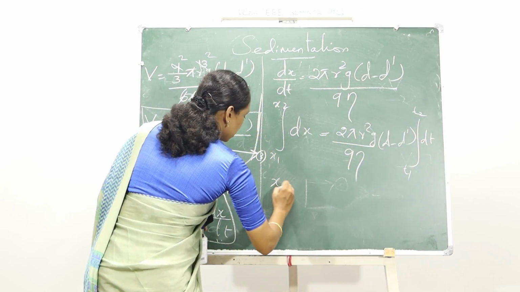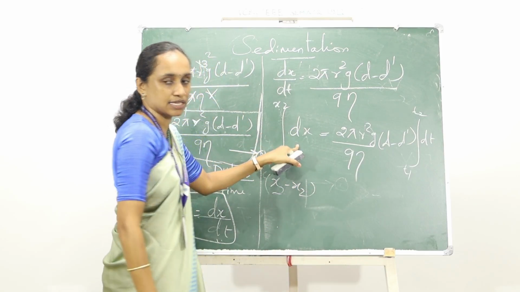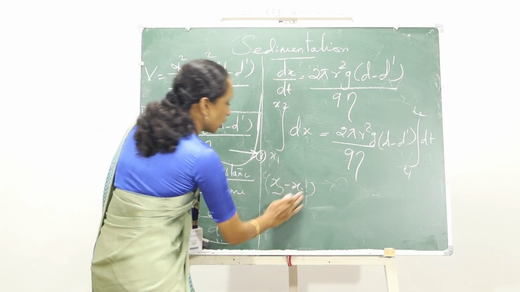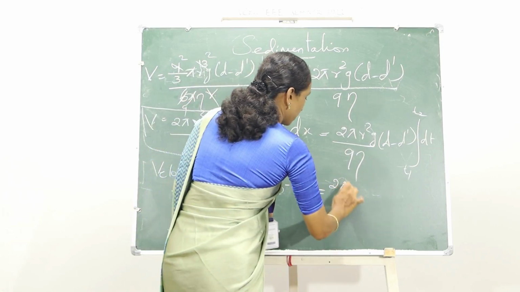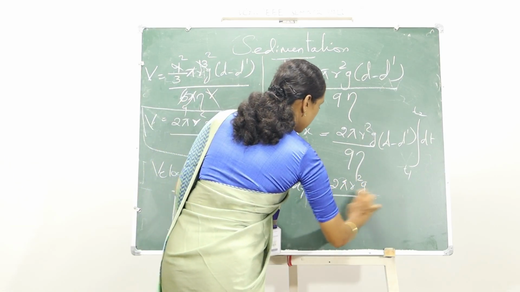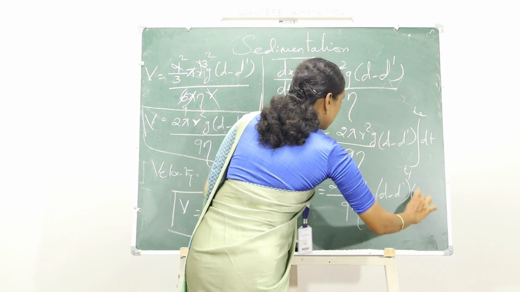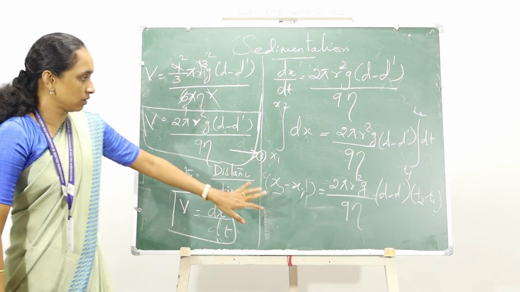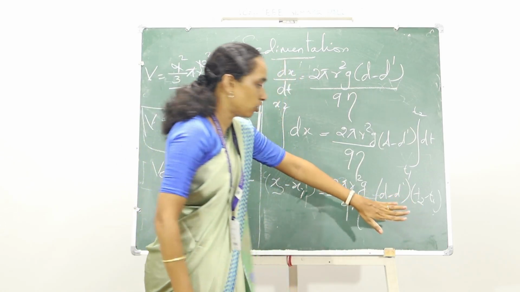You get x2 minus x1, because integration of dx is nothing but x, substituting the limits, upper limit minus lower limit, which is equal to 2 pi r square into g by 9 eta into (d minus d dash) (t2 minus t1).